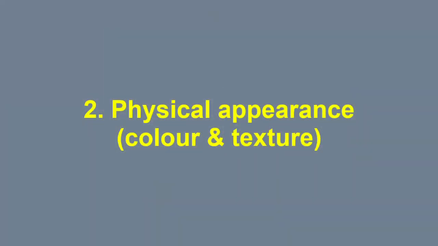2. Color and texture. The color and texture of the salts can be helpful in predicting the cation present, with the exception of the chromate anion, which gives salts containing chromates a yellow color. The color of most salts is determined by the cation present. Transition metal salts have characteristic colors, while non-transition cation salts are white or colorless.